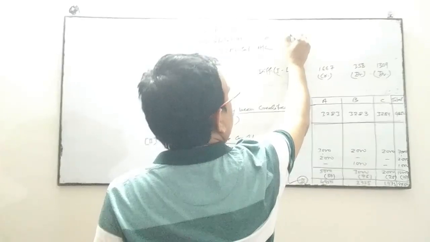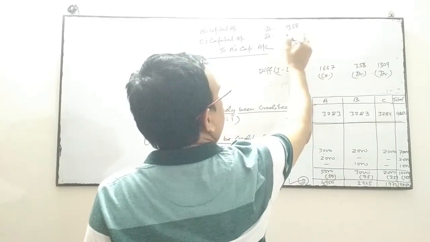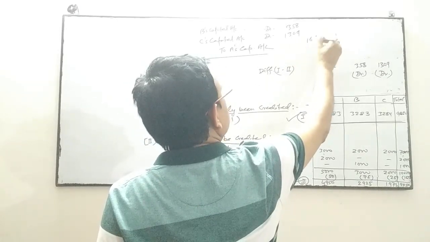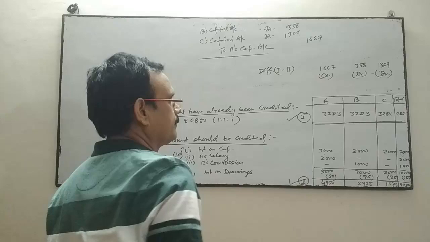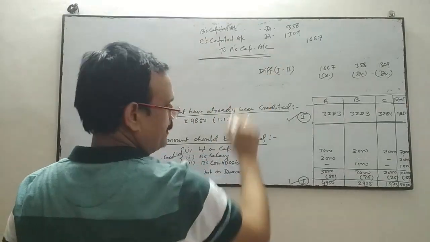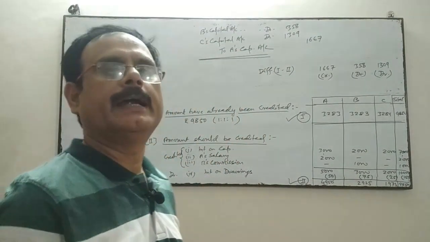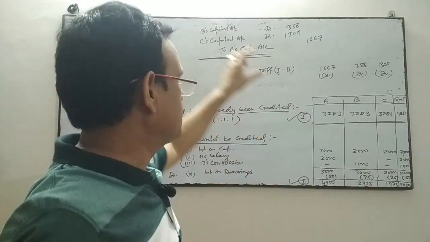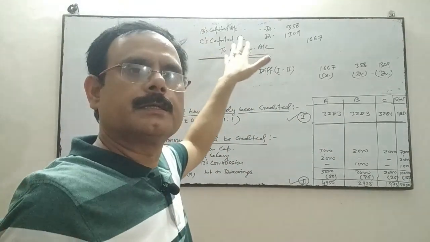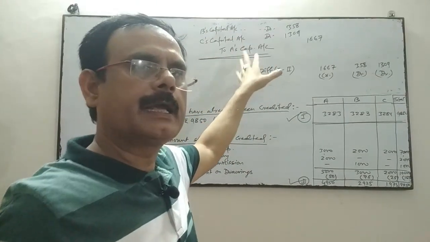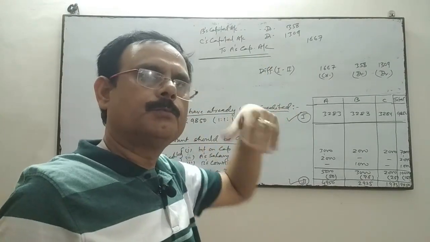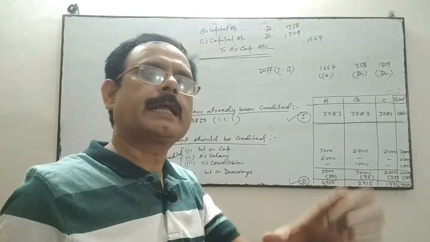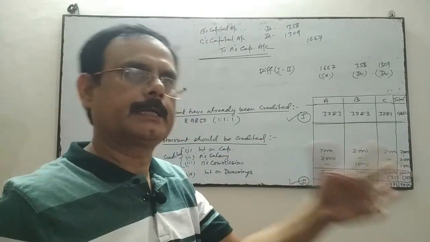So B's capital account 358, C's capital account 1,309, total is 1,667. So this is the rectifying entry, this is the adjusting entry. Now we have adjusted the errors; the effect of the errors is adjusted between the partners in their respective capital. Who has got more, their capital will be debited, and who has got less, their capital will be credited by that amount.